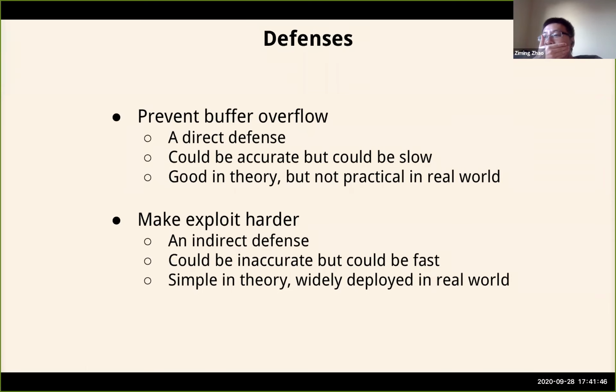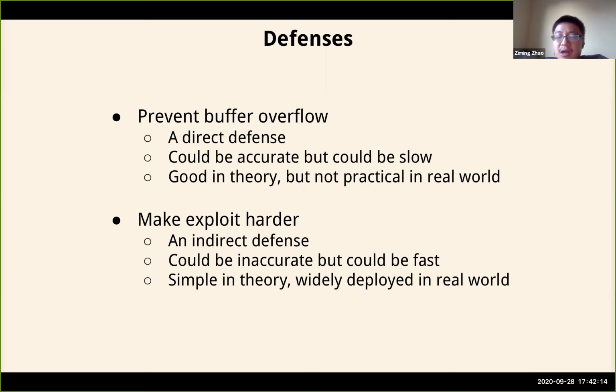Okay, so all of this can be called buffer overflow, not necessarily stack-based buffer overflow. And there are two big categories of buffer overflow defense. The first category is what we call a full prevention of buffer overflow. It basically solves the buffer overflow problem directly.